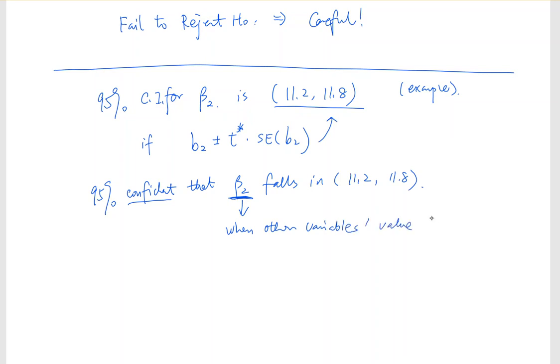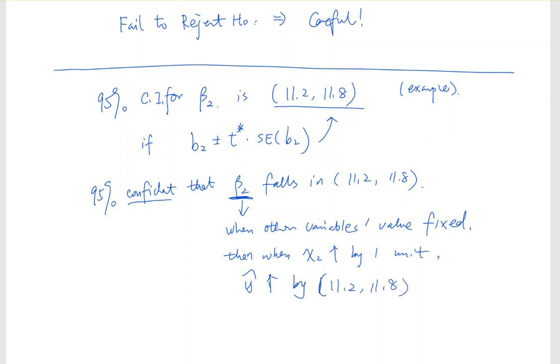when the other variables' values are fixed, and this is for beta 2, then when x2 increases by 1 unit, the predicted y value will increase by this range.